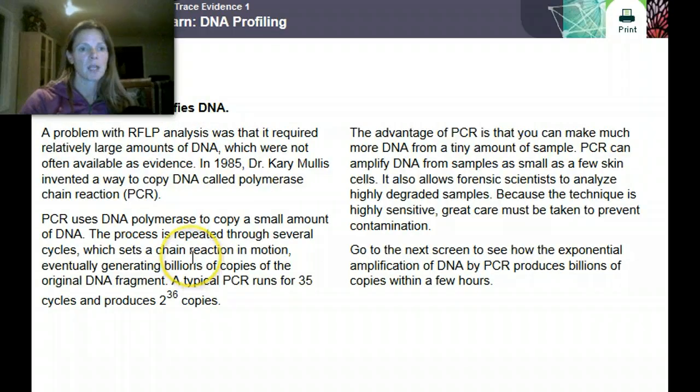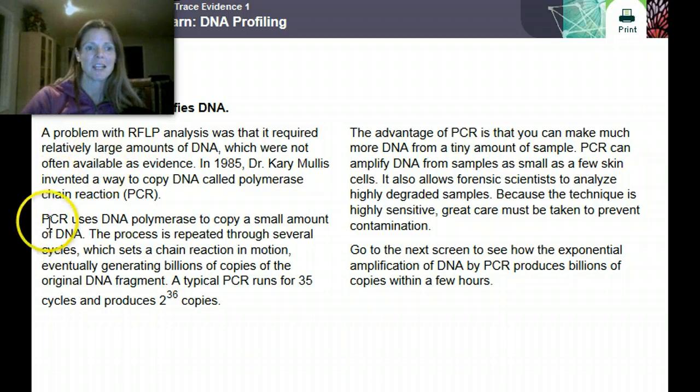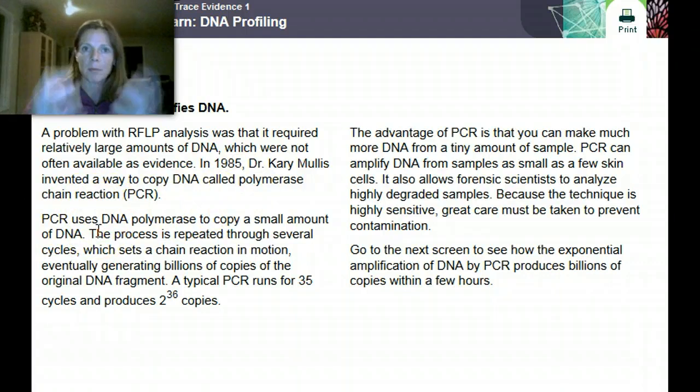All right, so again, here's more ways to do this. Talking about the RFLP that we discussed a little bit, 2 slides ago or whatever, it basically required large amounts of DNA. That was a really tough thing because sometimes you didn't have large amounts. So one great thing is this PCR, polymerase chain reaction, which uses DNA polymerase to basically copy that DNA and make more of it, which is always a good thing.